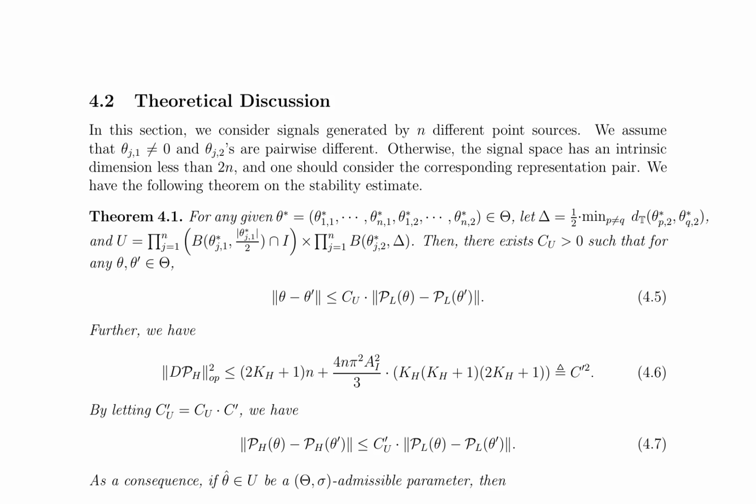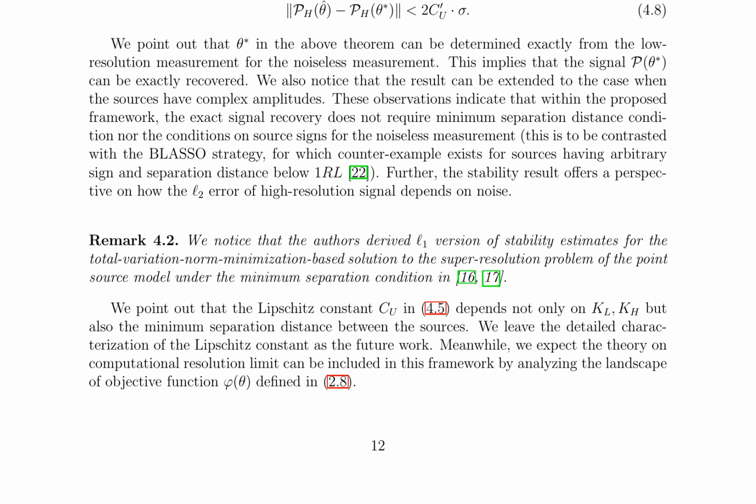Then, there exists C_U greater than 0 such that for any θ, θ' element of U, ‖θ − θ'‖ is less than or equal to C_U ‖Φ_L(θ) − Φ_L(θ')‖.